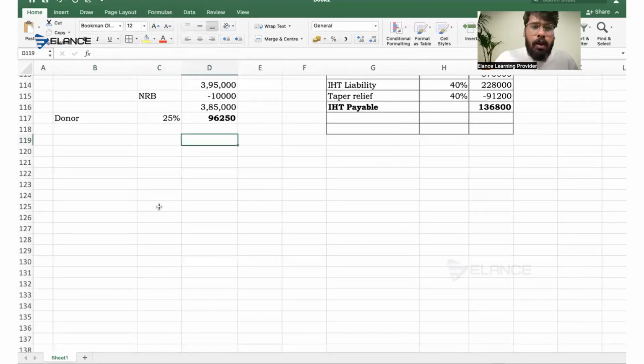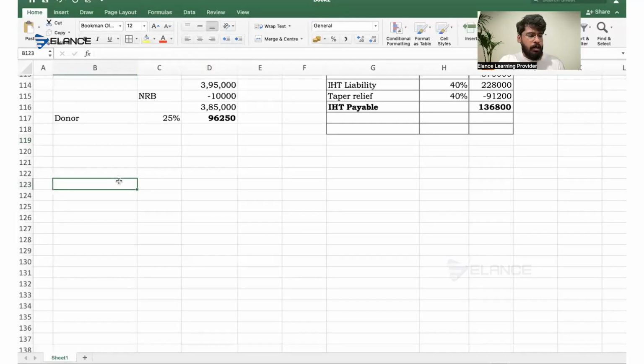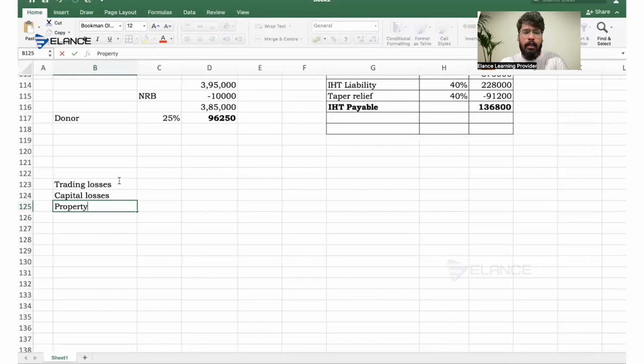Okay, so in our corporation tax syllabus, these are the possible losses that will be tested in our exam. The first one, trading losses, and capital losses and property losses. These are the three losses that will be tested in our exams.